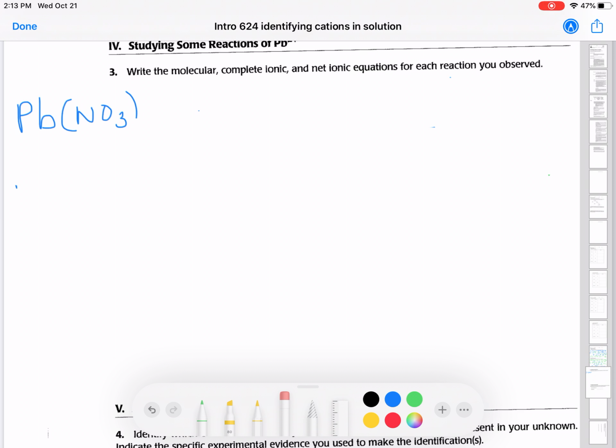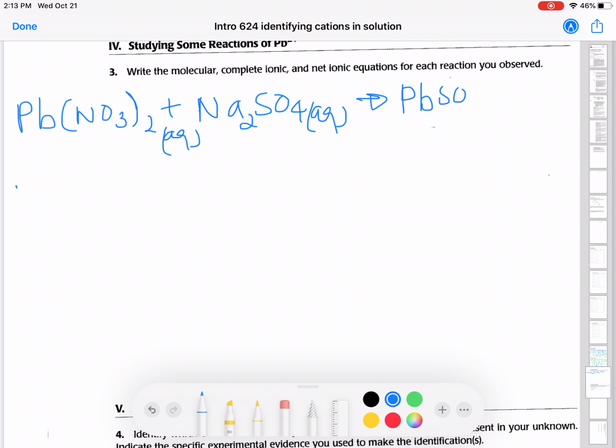So lead nitrate with sodium sulfate, Na2SO4, which is also going to be aqueous. All of these are aqueous. Going to give us lead sulfate, PbSO4 solid, plus sodium nitrate.